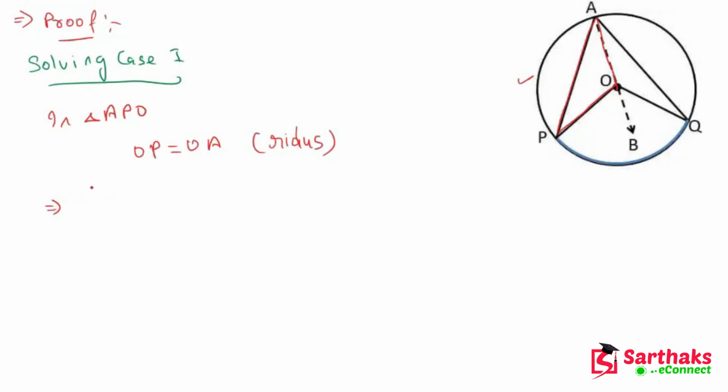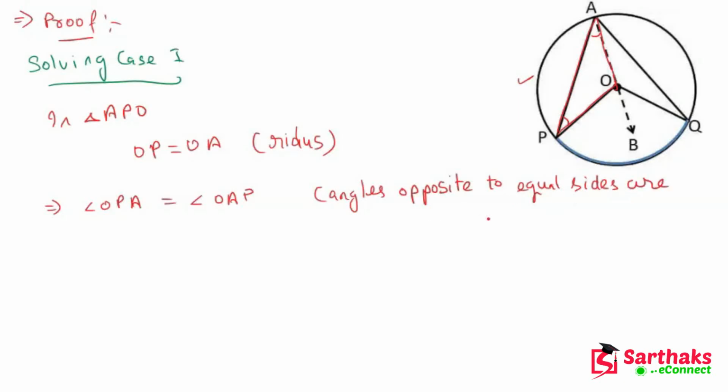And angle OPA is equal to angle OAP, because we know that angles opposite to equal sides are equal. Got it? Let's suppose this is equation number 1.